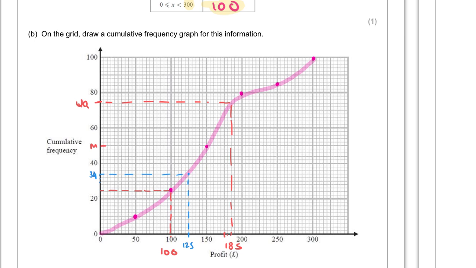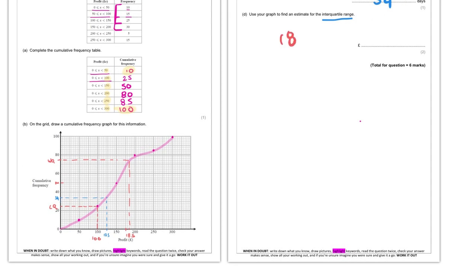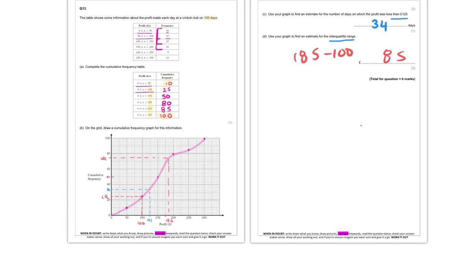So 185 is our upper quartile, minus our lower quartile, we're going to have 185 minus 100 is £85. Okay? And then, depending on your graph, as long as you show your working, this is perfect.